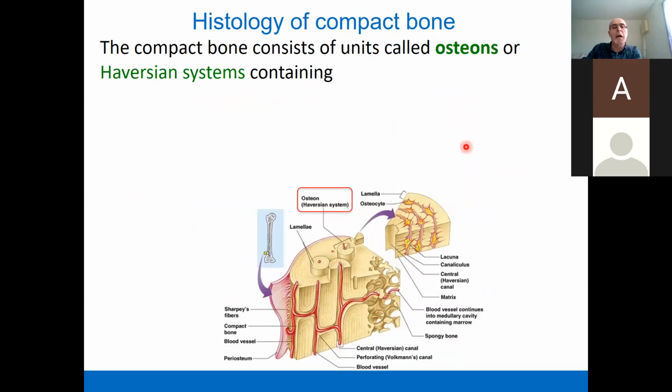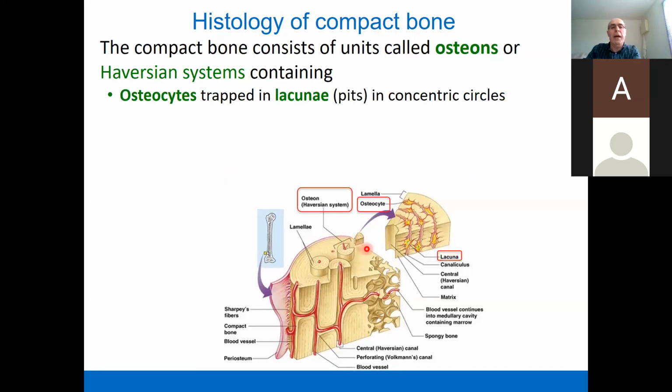The compact bone consists of units we call osteons, or Haversian systems. As we see here, a unit of the Haversian system contains osteocytes trapped in lacuna pits in a concentric circle.